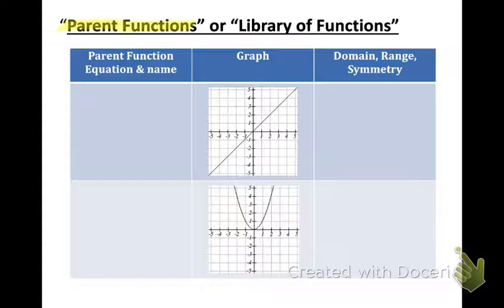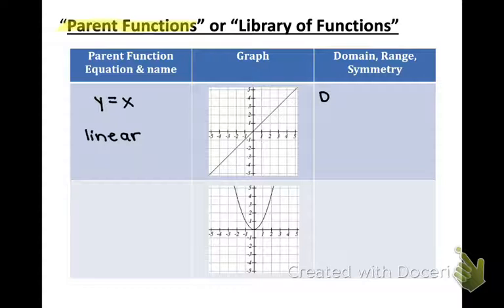All right, the very first parent function that we have is y equals x. And this is the linear function. The graph is given for us. Notice that it goes through 0, 0. It has a slope of 1. Okay. Its domain, I'm just going to write D here for domain.